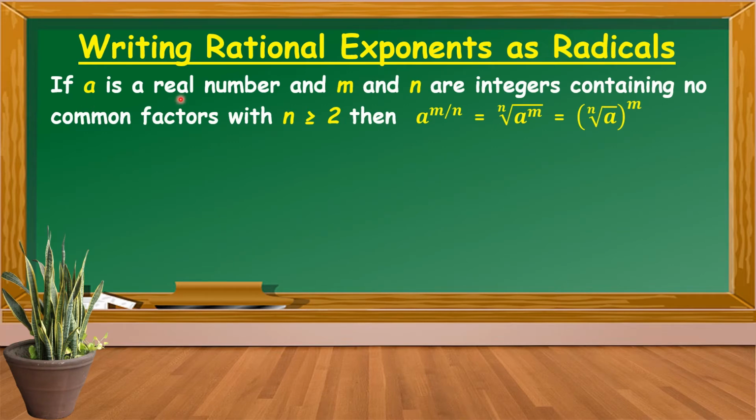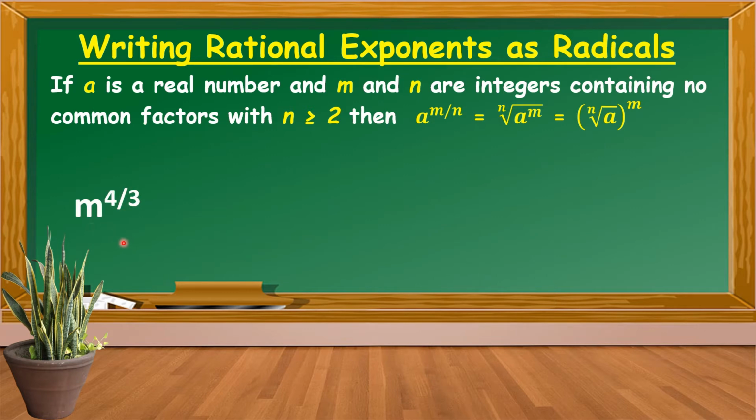If a is a real number and m and n are integers containing no common factors with n greater than or equal to 2, then a raised to the power of m over n is equal to the nth root of a to the power of m, or the quantity nth root of a, to the power of m. To understand this statement, we will have these examples.